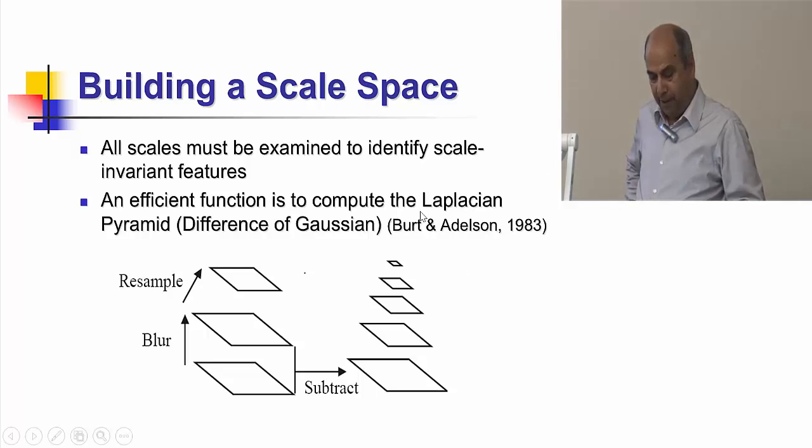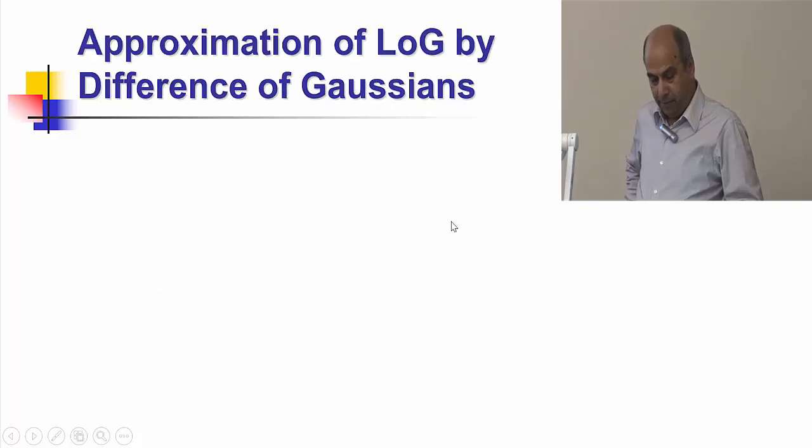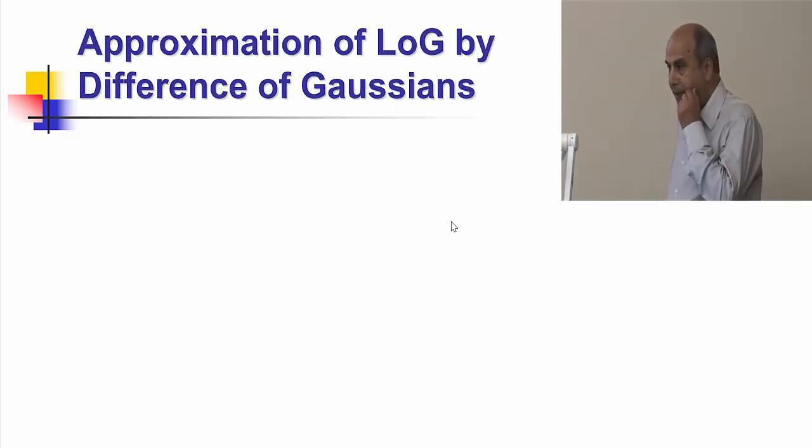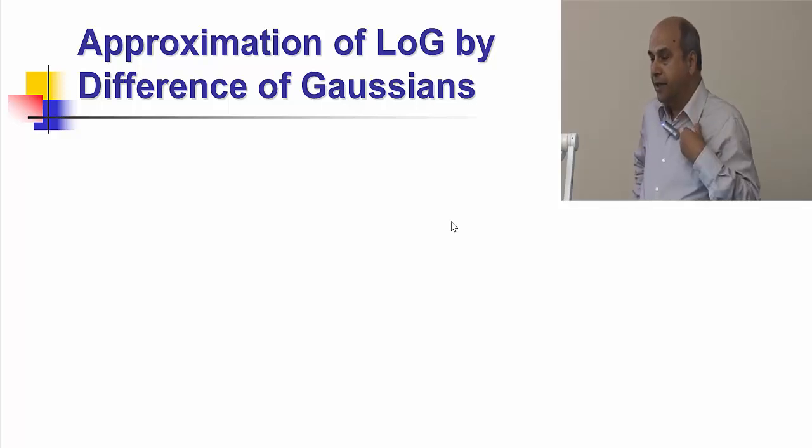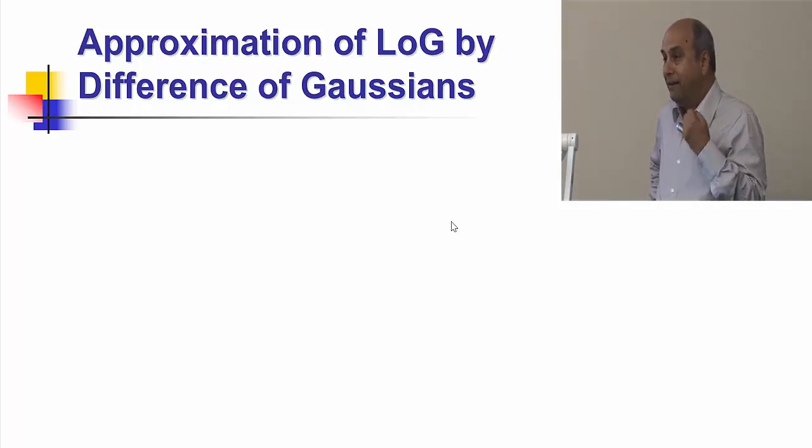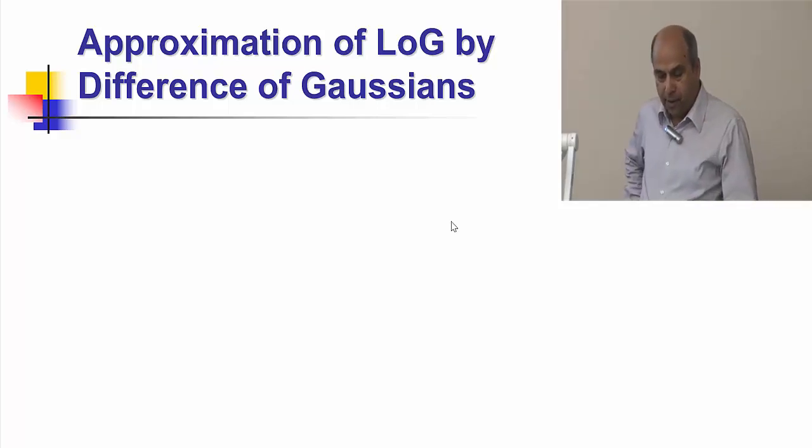And this is the same guy, Burt and Adelson, that paper I mentioned to you. Now, the interesting thing is that the Laplacian of Gaussian, you can approximate by difference of Gaussian, which is another very interesting result.